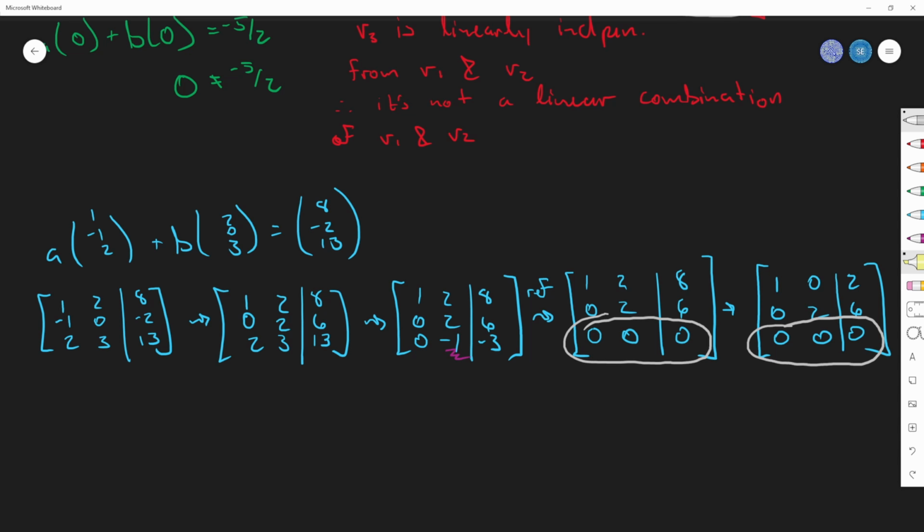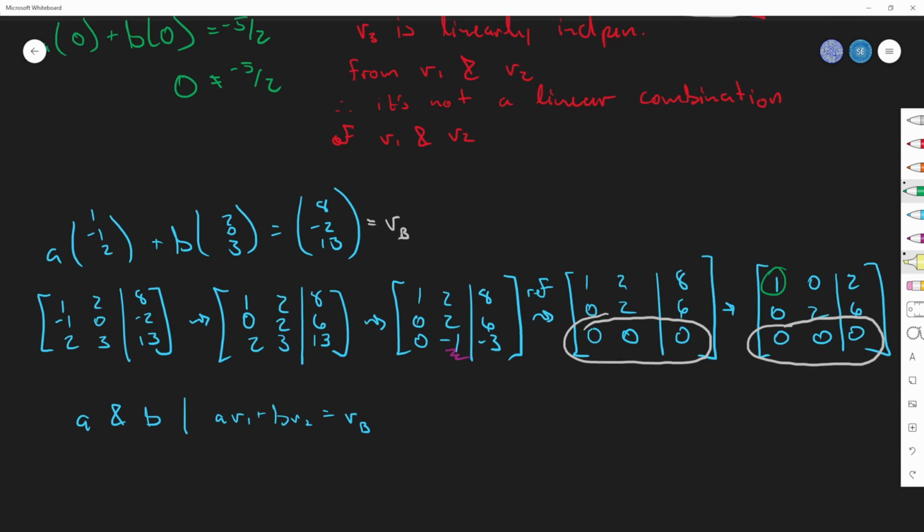This is going to be vector B. So what that means is that there exists an A and B such that A V1 plus B V2 is equal to V of B, since we have a row of zeros.